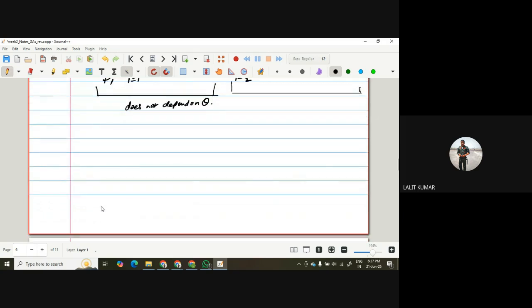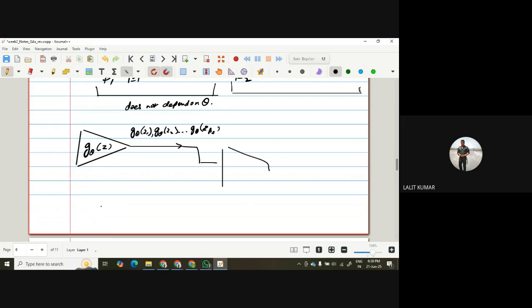So now pictorially, you see, this is your generator, this is G theta of z. This you have passed, so again you have got G theta z1, G theta z2 up to G theta z beta 2. Now you pass it through your discriminator. Now keep this W fixed.